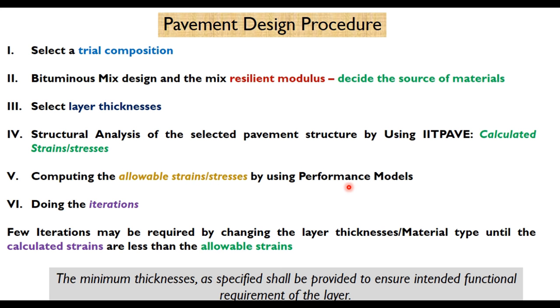If the allowable strain is more than the actual strain coming on the pavement, then the design is safe. Otherwise, we go for another iteration. Many times, a few iterations will be required by changing the layer thickness or material type until the calculated strains are less than the allowable strain.